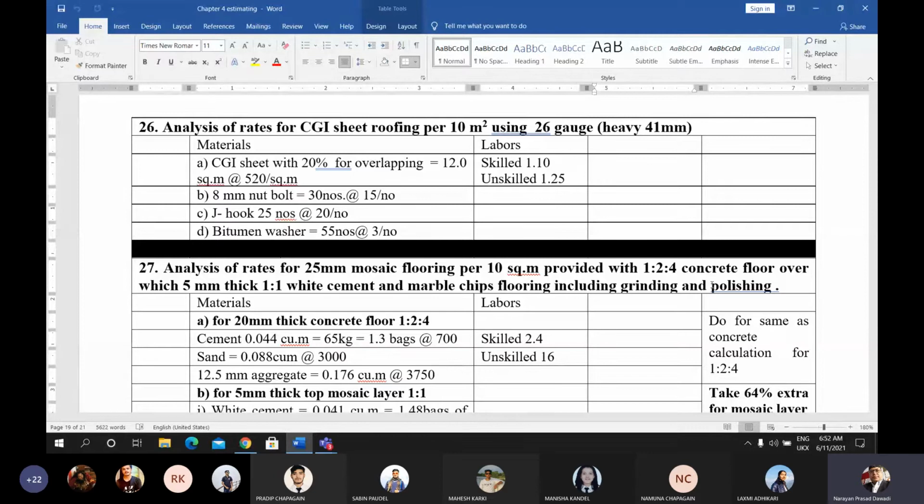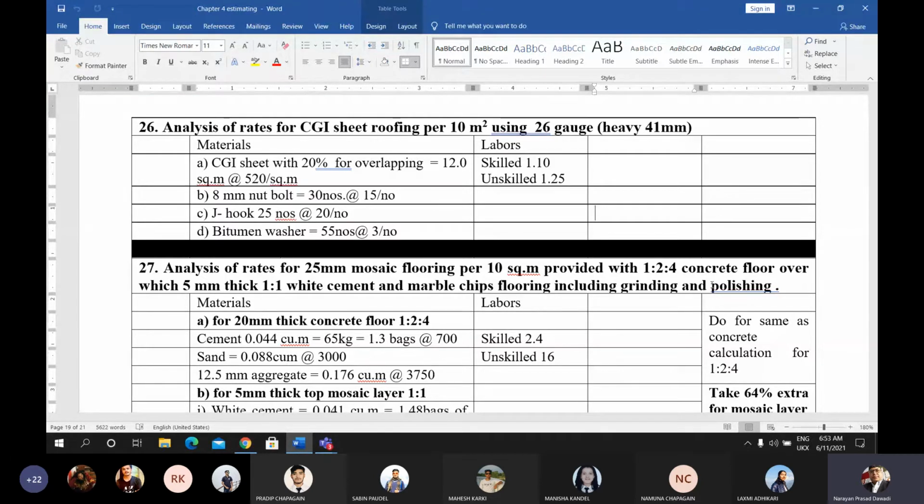Now, for roofing purposes, we need nuts, bolts, hooks, etc. for fixing over the rafters, battens or purlins. You may use 8 mm nut bolts. 30 numbers are used for 10 square meters at 15 rupees per number, and 8 mm diameter J hooks, 25 numbers at 20 rupees per number.